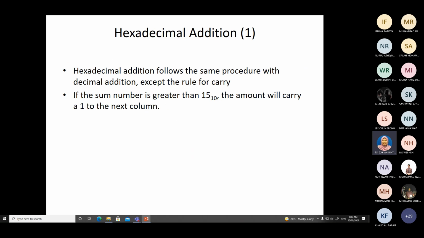Okay, so next is the hexadecimal addition. For hexadecimal addition, we follow the same procedure as decimal addition, except for the rule for carry. If the sum is greater than 15, then you carry a 1 to the next column.